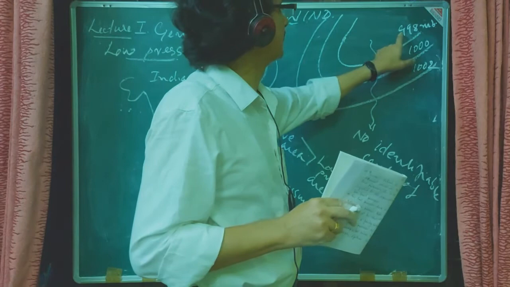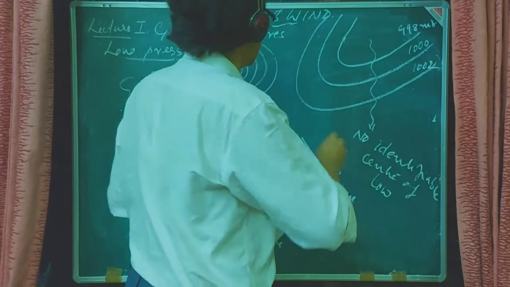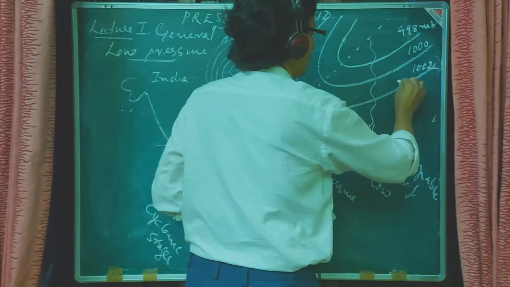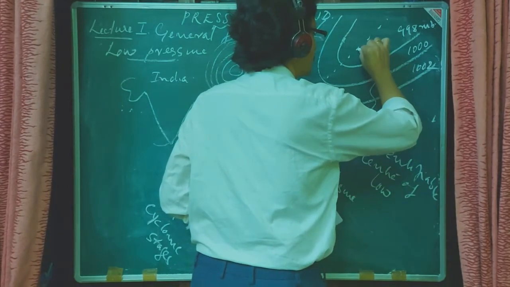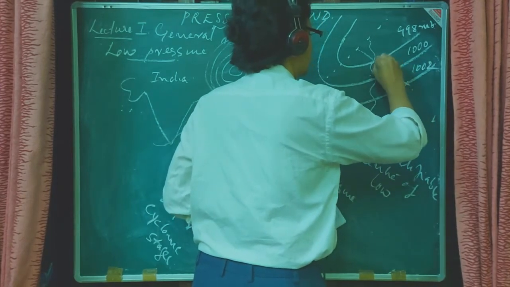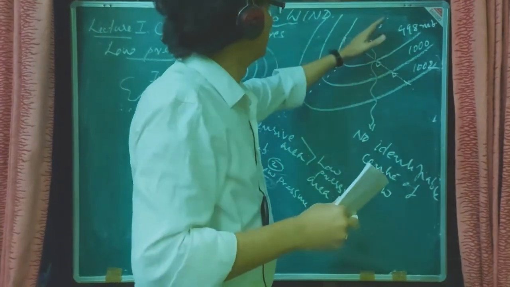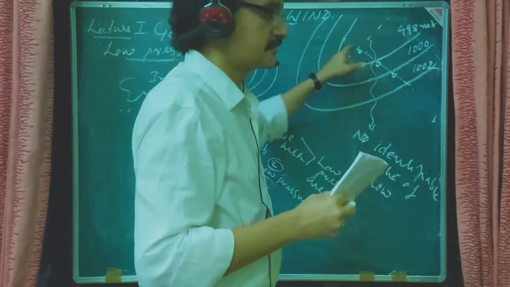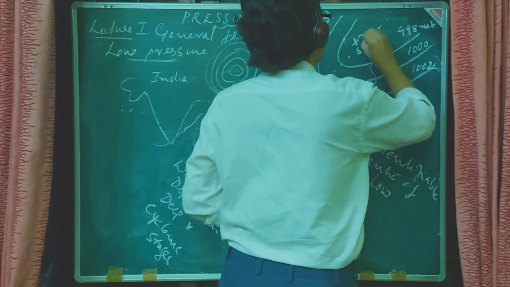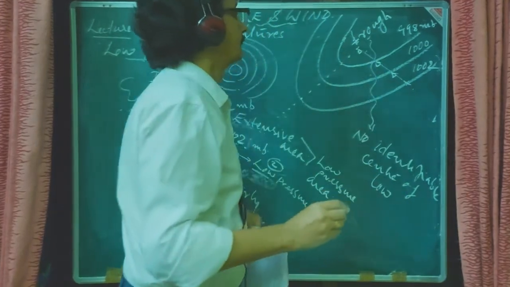And here I am marking 998 millibar, 1000 millibar, and 1002 millibar. When I am moving towards the inside, say from here I am just walking inward, I will encounter a line of lowest pressure, and this pattern will be called a trough of low pressure.